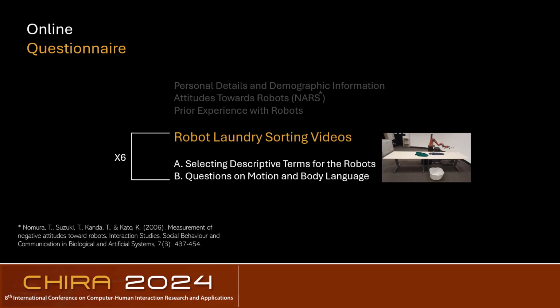Following, participants were presented with a series of 6 videos, each featuring a robot performing the sorting process. After viewing each video, participants were asked to select characteristics out of a list of descriptive terms according to their impressions of the robot's performance. These terms range from positive descriptors, such as friendly and professional, to potentially negative ones, like threatening.